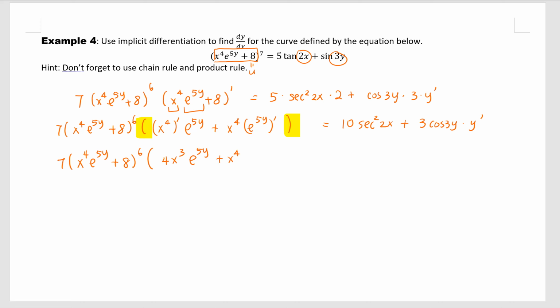And e to the u. So here we have another chain rule with u is 5y, right? So this is like our u. The derivative of e to the u is e to the u times u prime, which is 5y prime. So 5y prime is the same as 5 times y prime. And don't forget your parentheses.